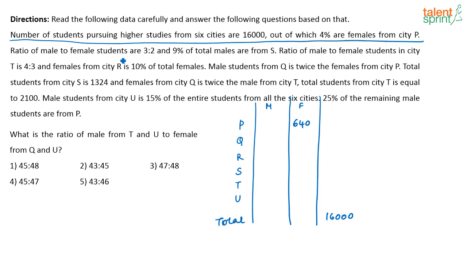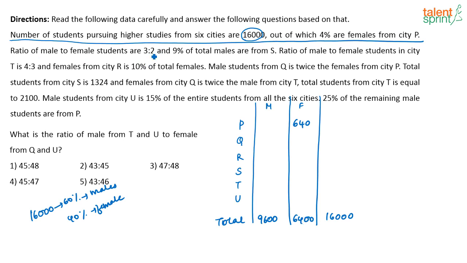Ratio of male to female students is 3:2. So out of the total 16,000 people, 60% are male and 40% are female. How many males and how many females are there? There are 9,600 males and 6,400 females, correct?